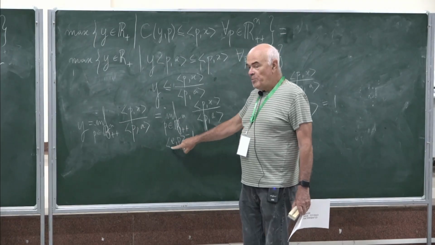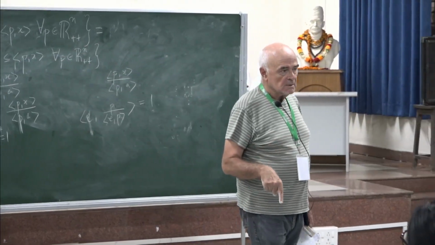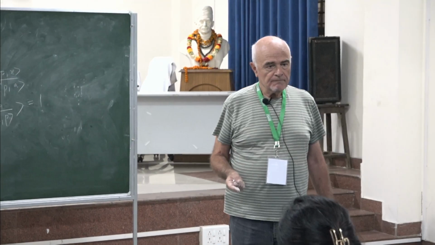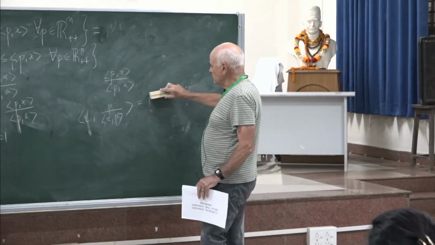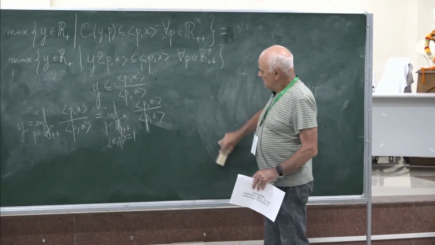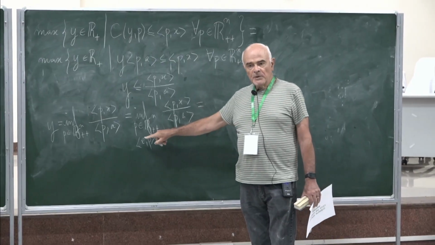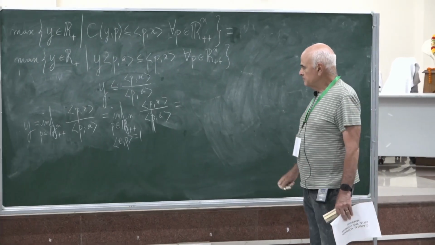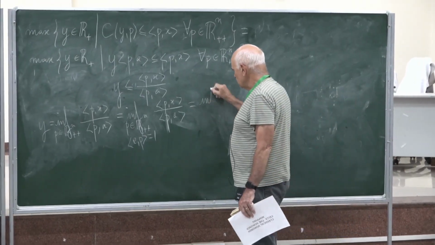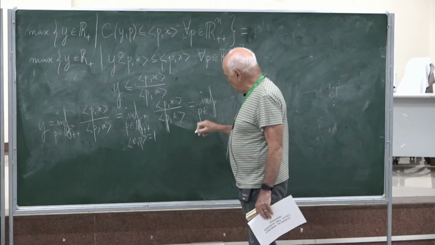No need to go beyond this hyperplane to find the optimal solution. Okay? This is one thing. Second thing, I can replace R++ with R+, now, because I added this constraint.